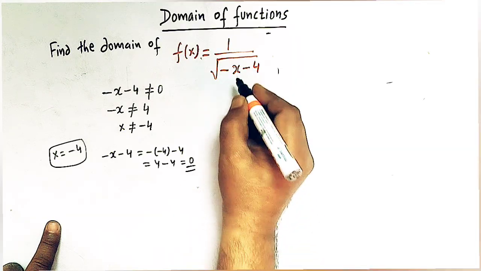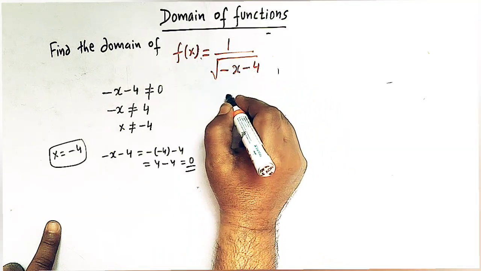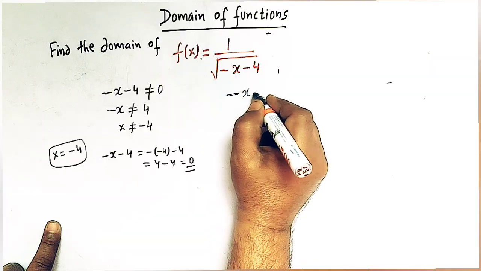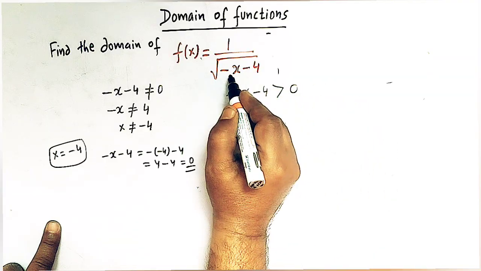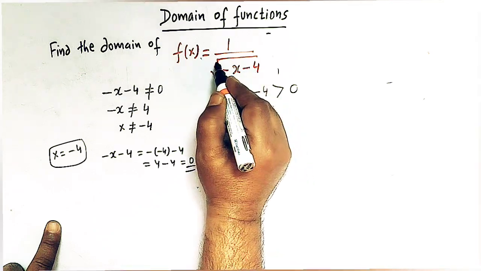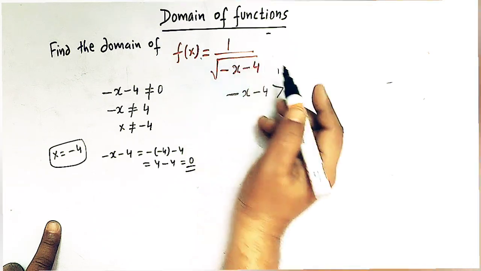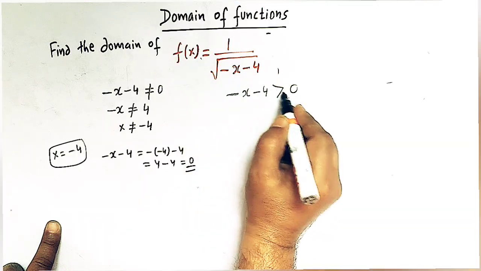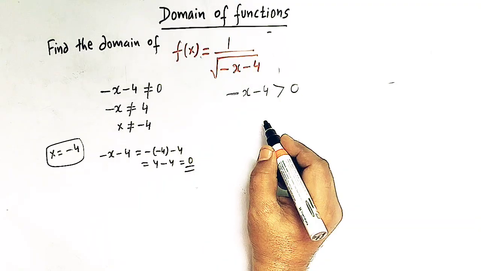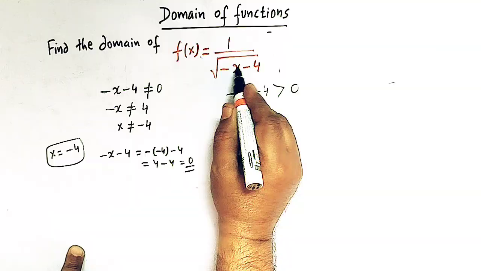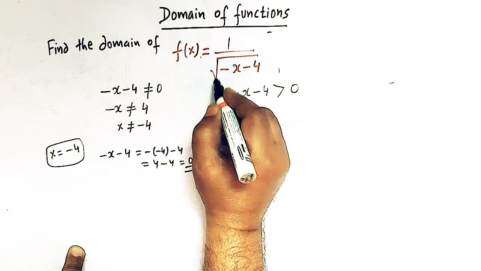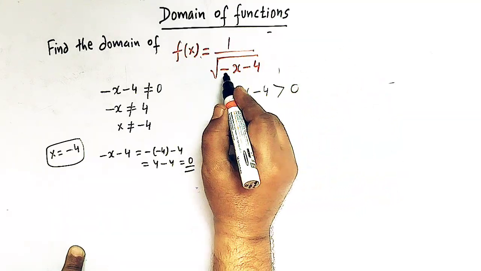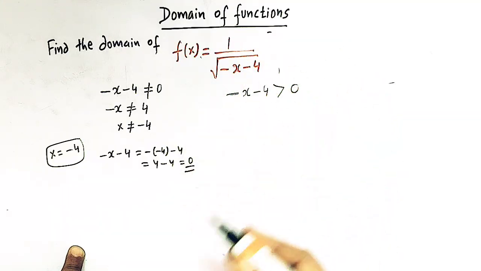And the second condition is that this quantity, that is minus x minus 4, should be greater than 0, because this expression minus x minus 4 is under this square root sign, and this expression has to be greater than 0, because we cannot have a negative number inside the square root sign, right? Because if we have a negative number inside the square root sign, then it becomes a complex number, right?